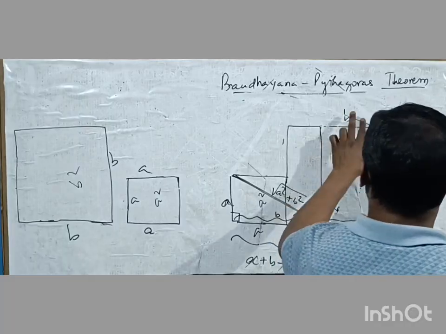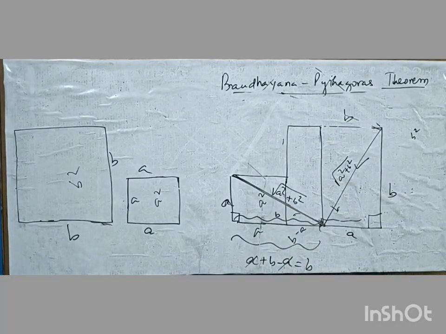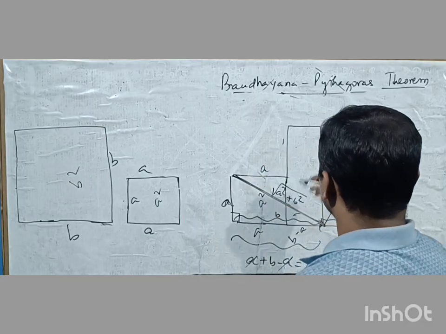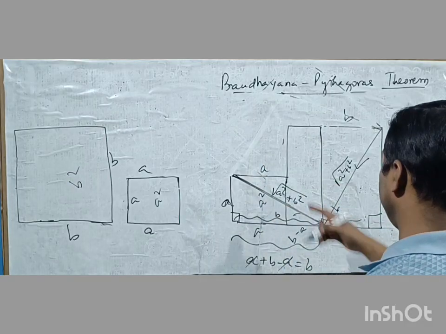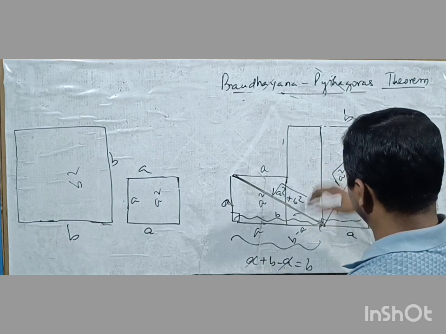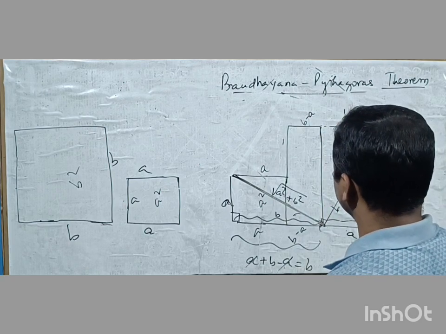I can find it in another way also. See, this is the A. Okay. This is the A. So this is B minus A. Okay.